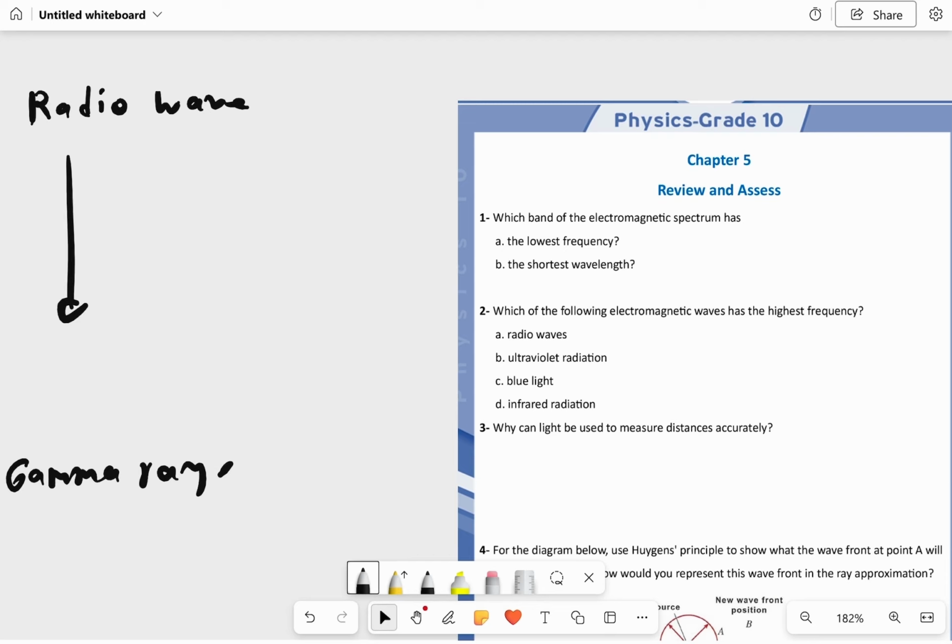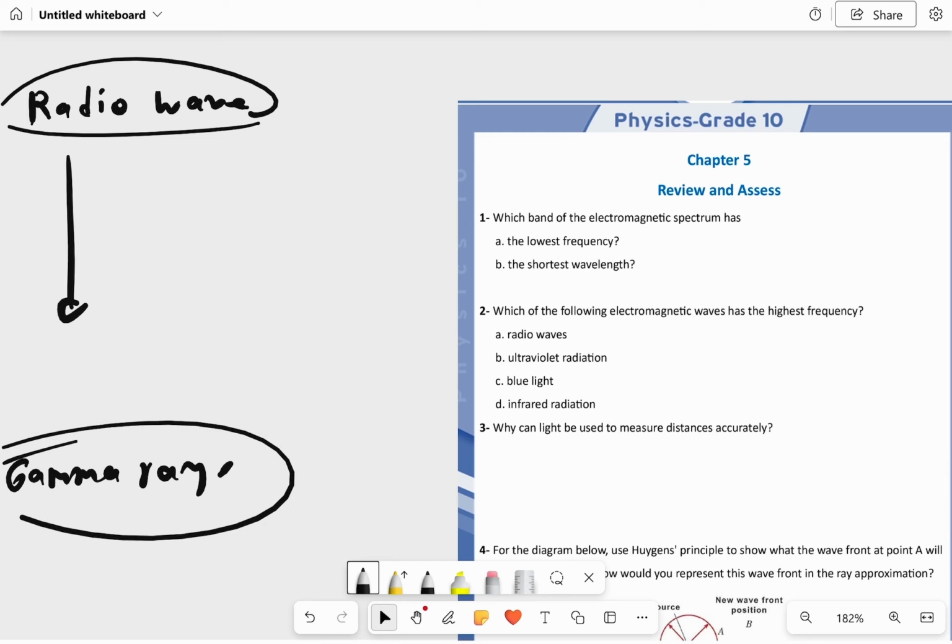As we were going down, wavelength was decreasing. Radio waves had the highest wavelength, and gamma rays had the shortest wavelength.